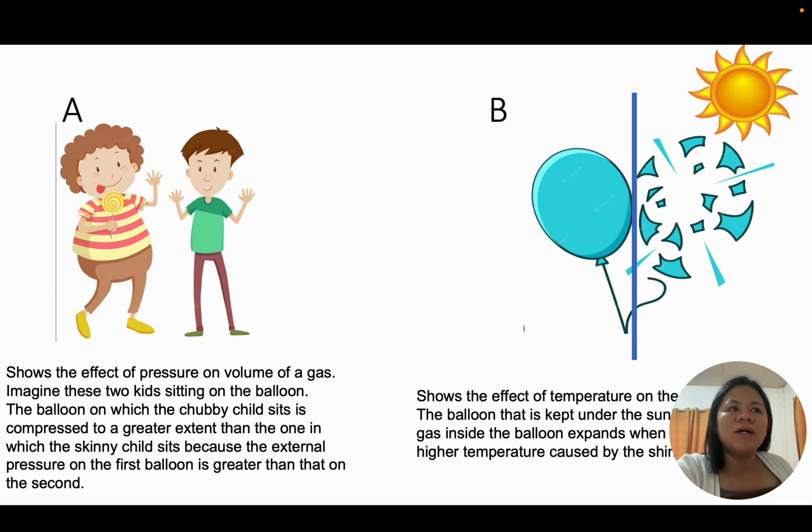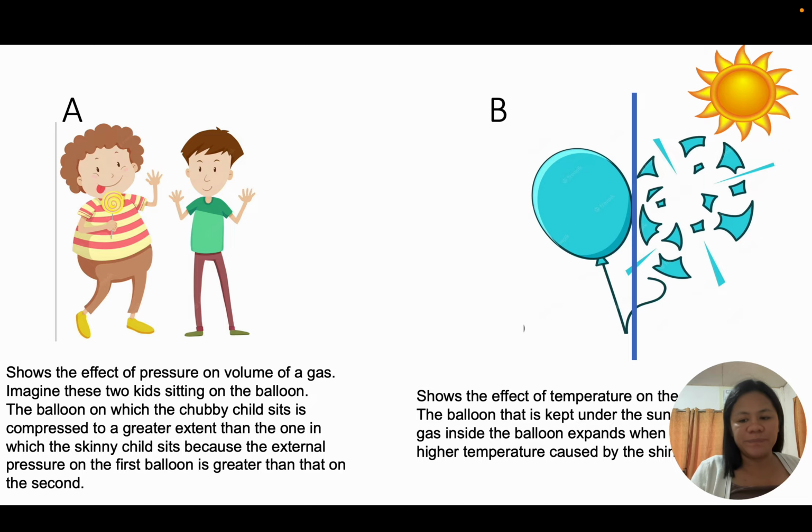If the gases inside the balloon are exposed to sunlight, they will expand and expand due to high temperature, and then it will pop. That is a real life example of the relationship of gases to temperature and volume.